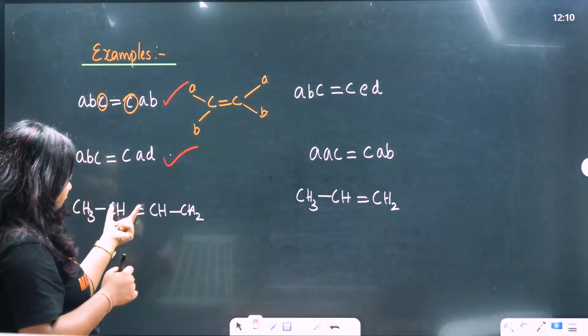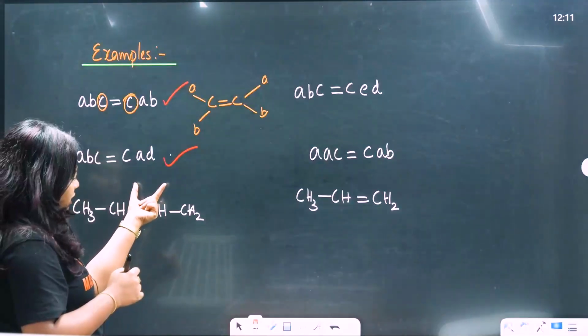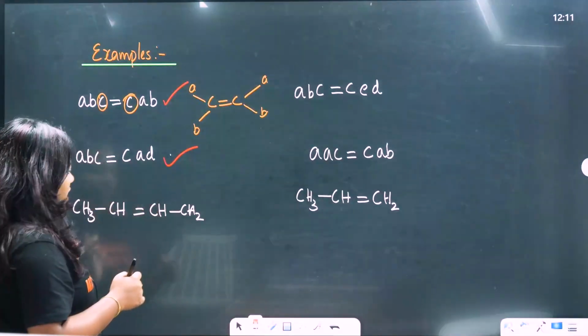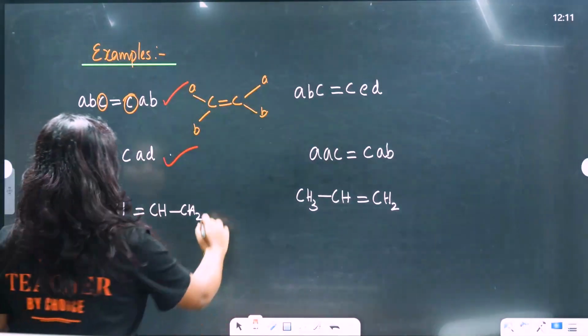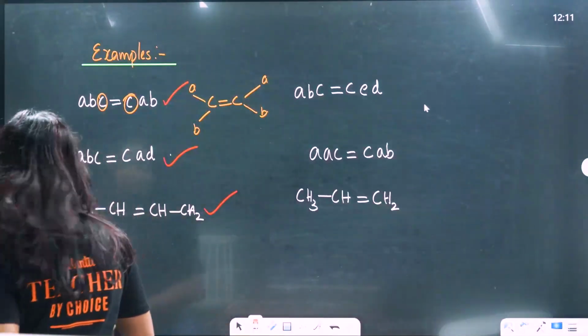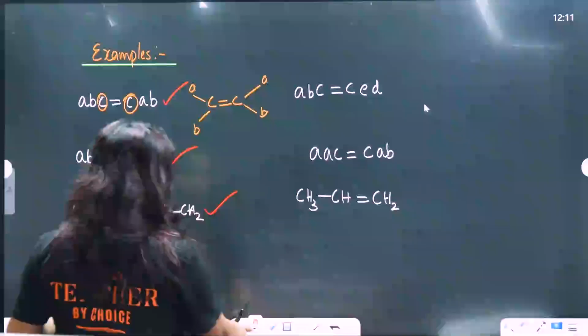Now here, on one carbon there is CH, here CH2, here CH3. So this will also show isomerism. Clear? Here it should be CH3.